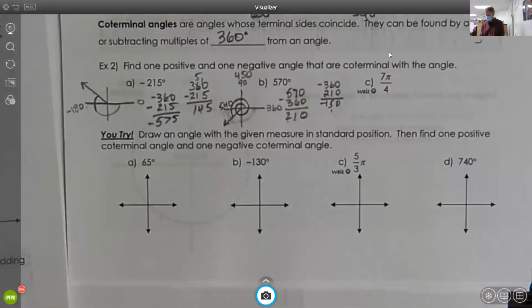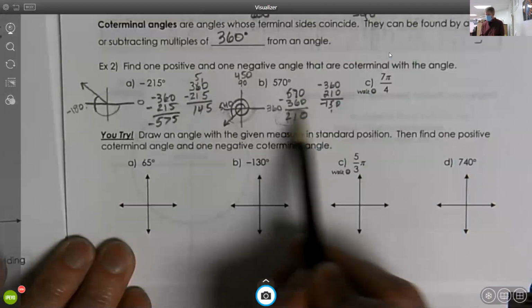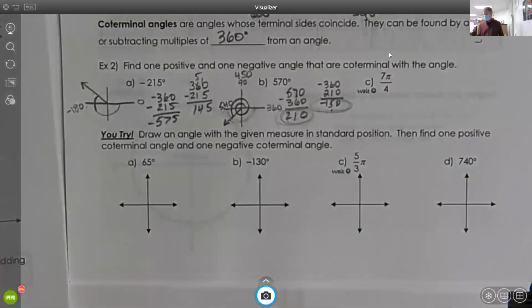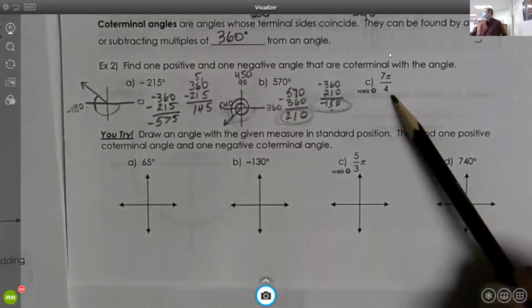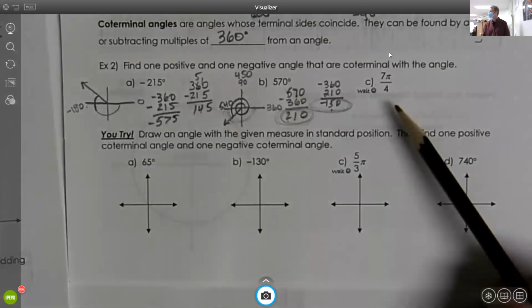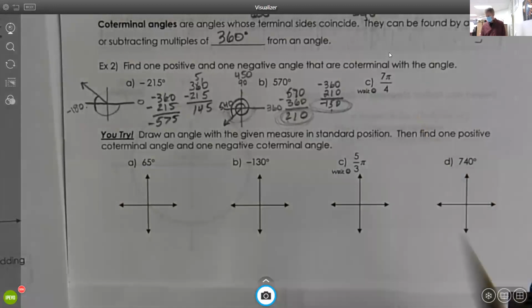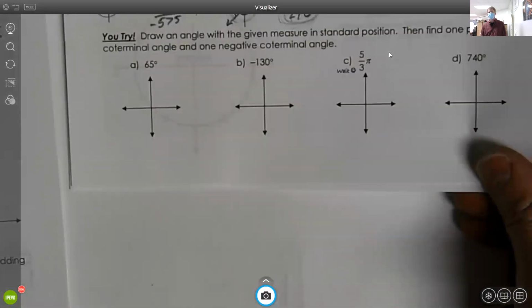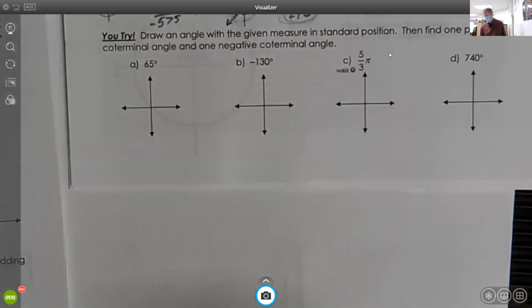We need a positive answer and we need a negative answer that points in the same direction. We can also do this in radians. We haven't learned the radians yet, so when we do, we can always come back and try that. So you go ahead and try to draw out these three angles. You can probably hold on to the radian version of it, but you can pause the video and come back and check your answers.